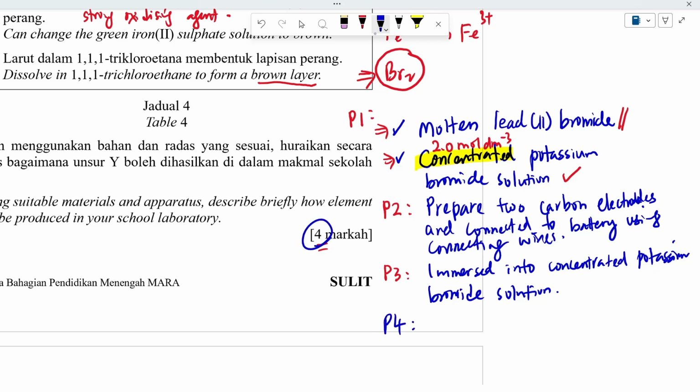So element Y is produced at where? Cathode or anode? Is it the cathode? Bromide, right?